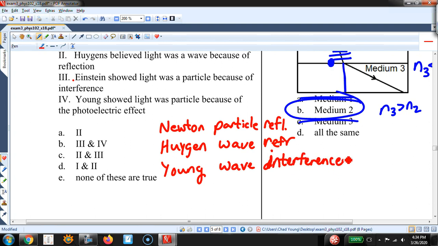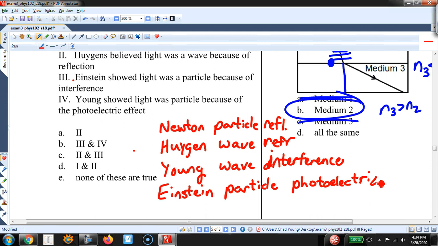Very good reason to think that it was a wave, and that held for 100 years until Einstein came about, and he already knew that this happened, but he postulated that light was a particle because of the photoelectric effect.